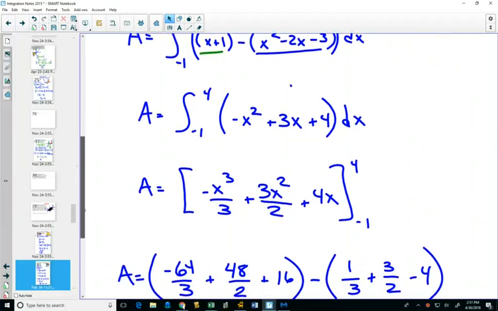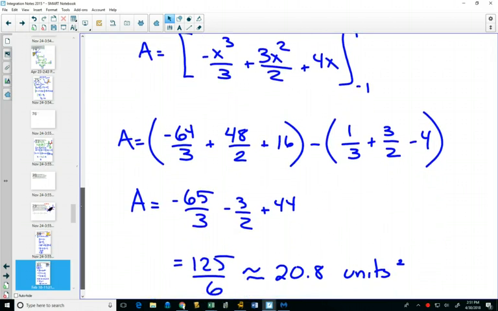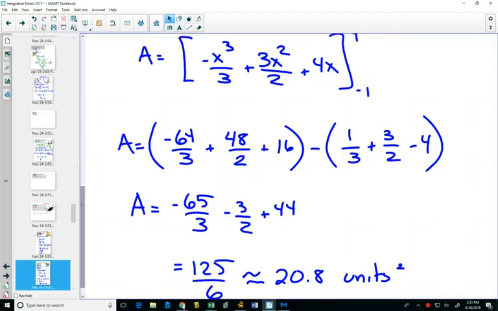So simplifying that, you would have got negative x squared plus 3x plus 4, integrating, plugging things in, and we get 125 over 6. How did I get 44? This is 24, and that's 40, and then plus another 4. For mental math stuff, I like to simplify fractions together first.